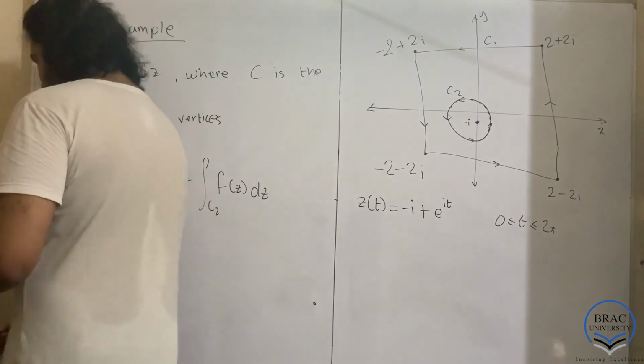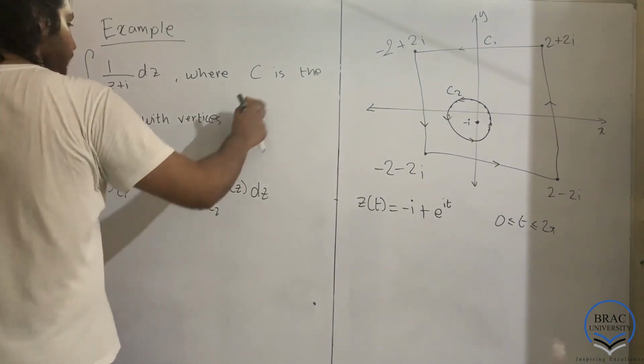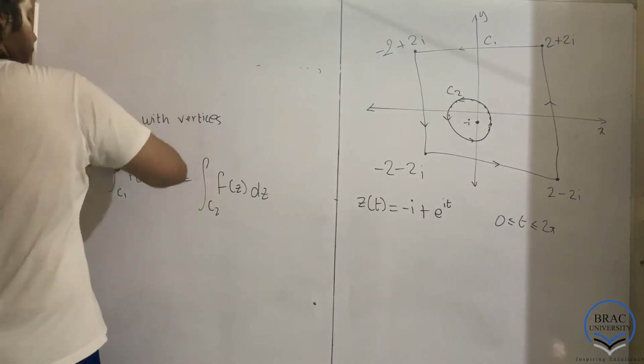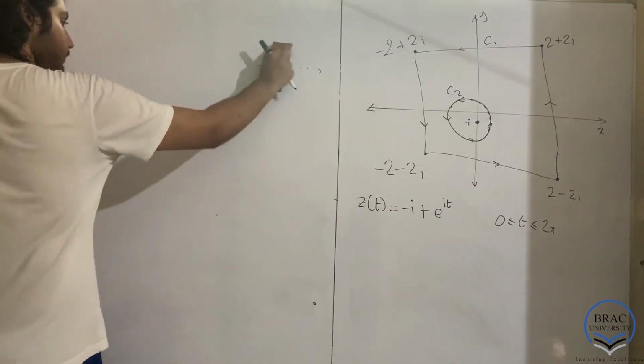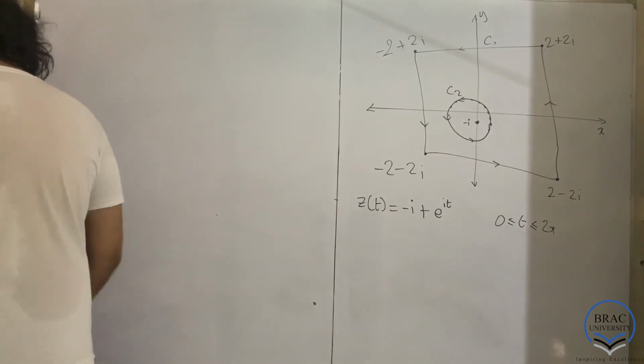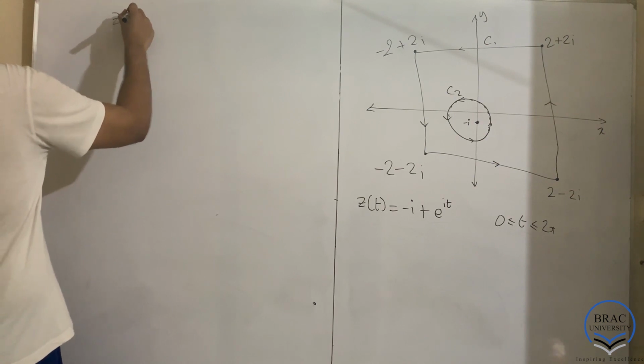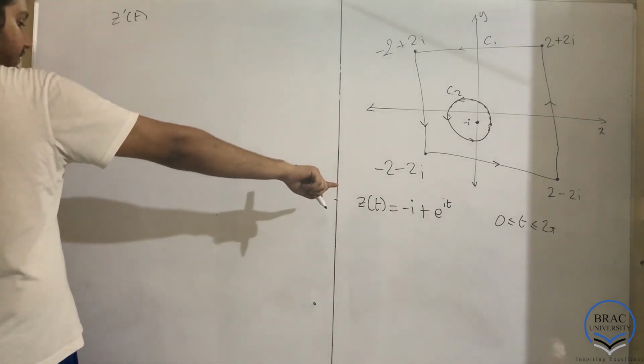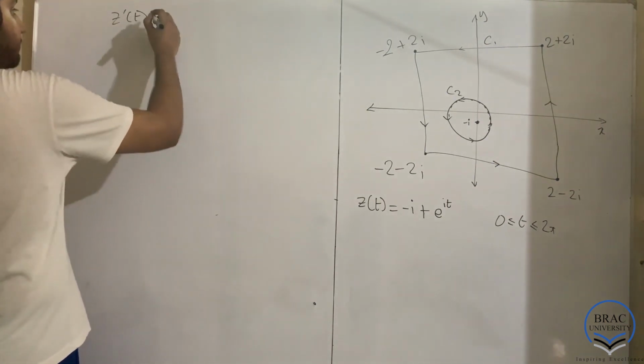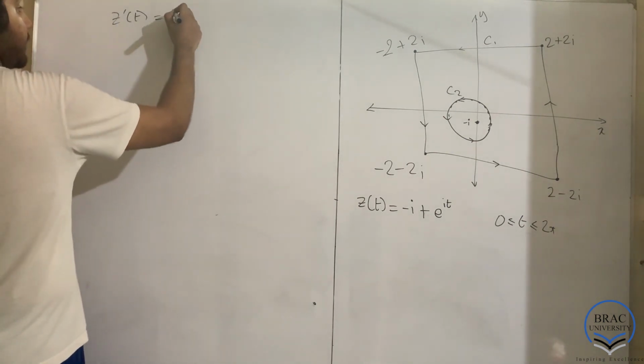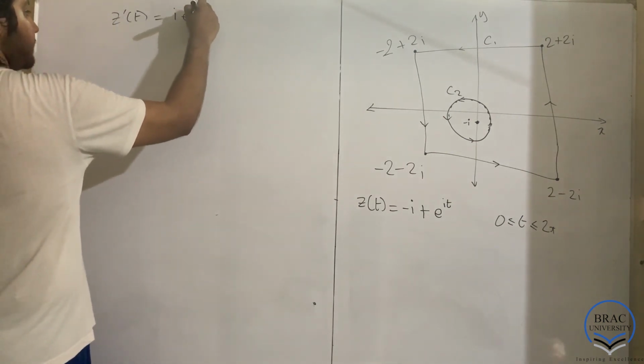Okay, let me do the integral. I'll erase most of these parts here. Of course, z prime of t is simply i e to the power it.